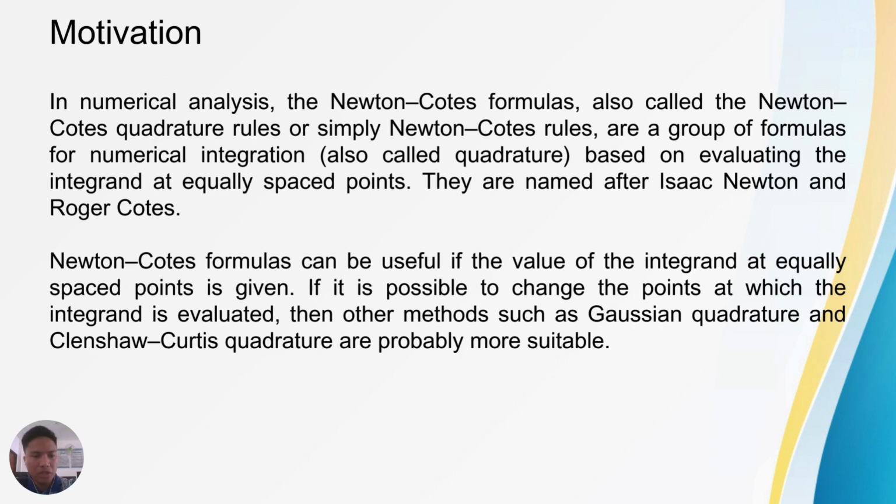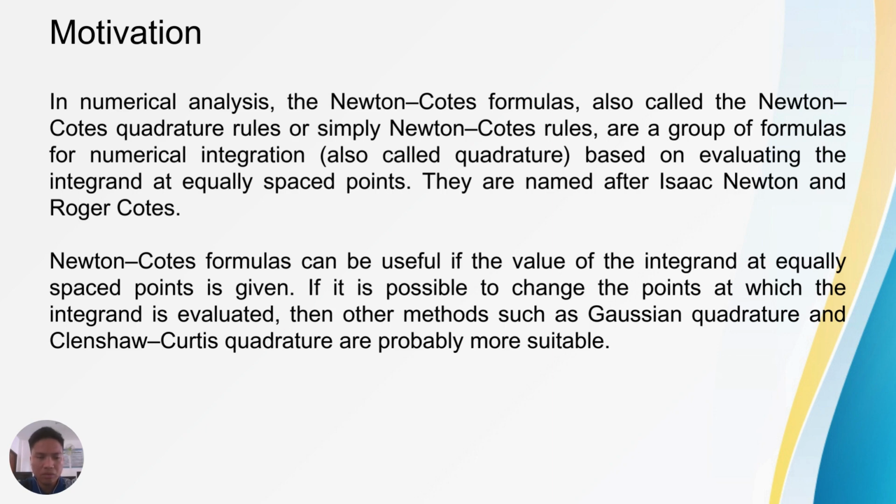So, for the motivation, in numerical analysis, the Newton Cotes formulas, also called Newton Cotes quadrature rules, or simply Newton Cotes rules, are a group of formulas for numerical integration, based on evaluating the integrand at equally spaced points. They are named after Isaac Newton and Roger Cotes.